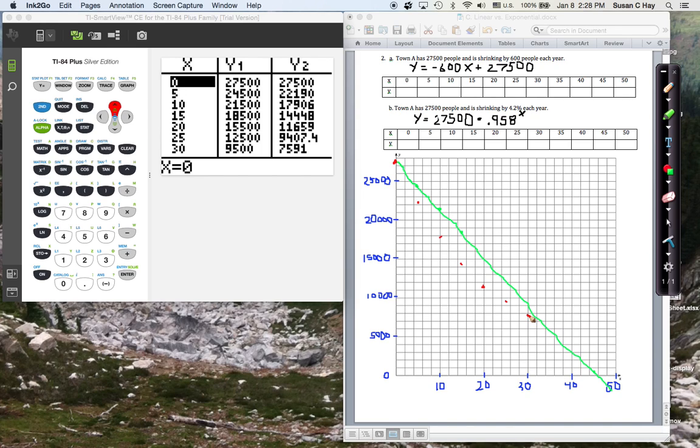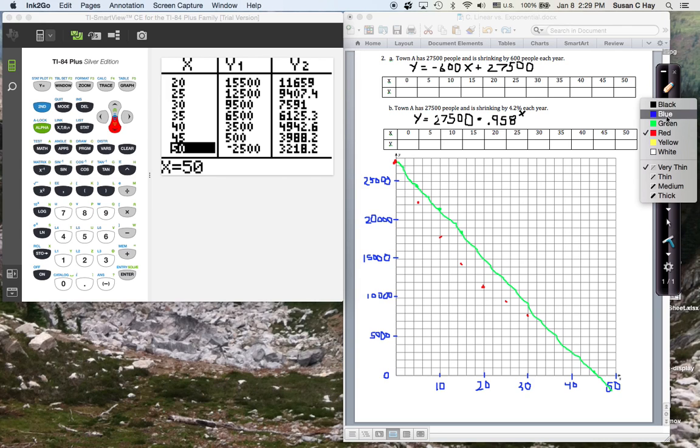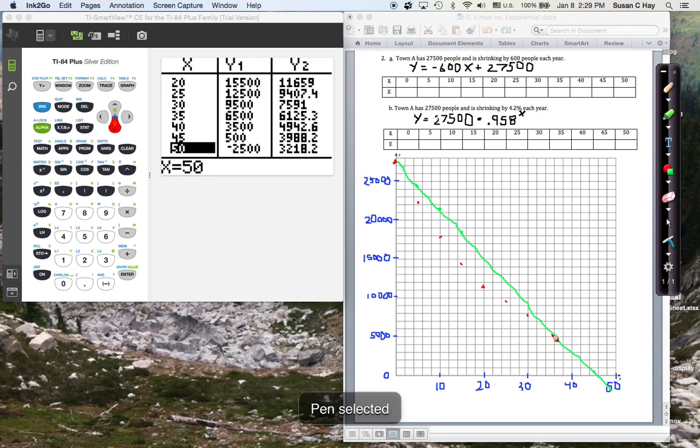Now I'm going to scroll down further on my table to see 35, 40, and 50. 35 is at 6,125.